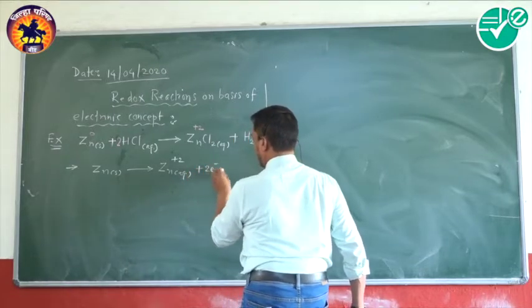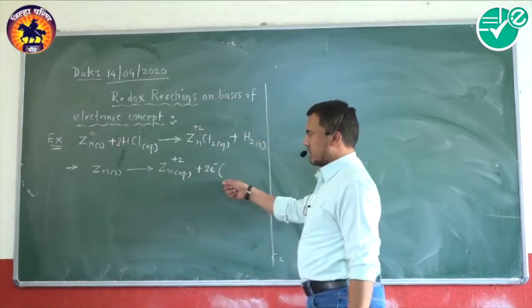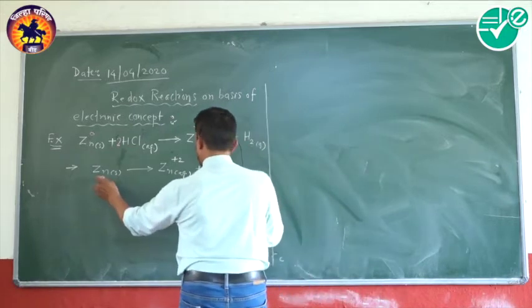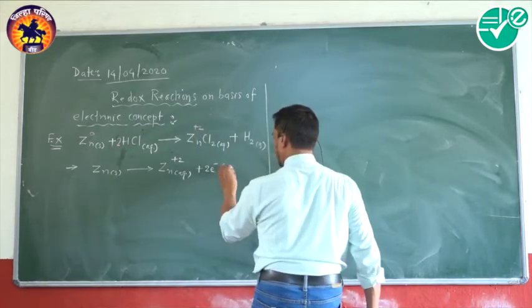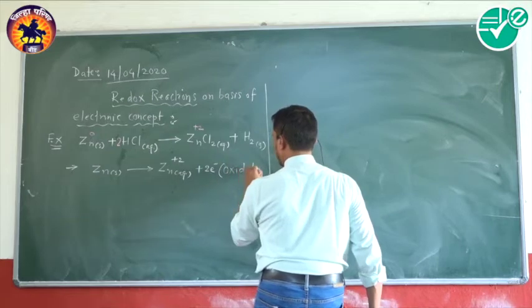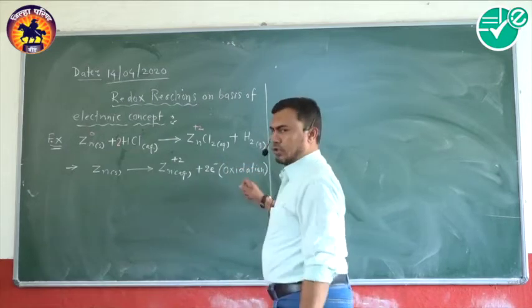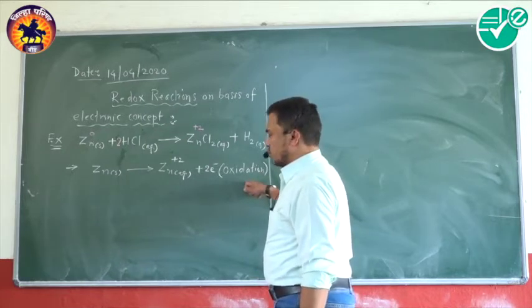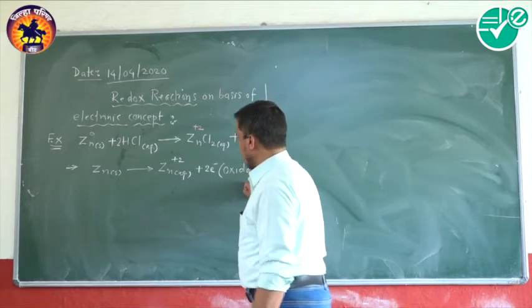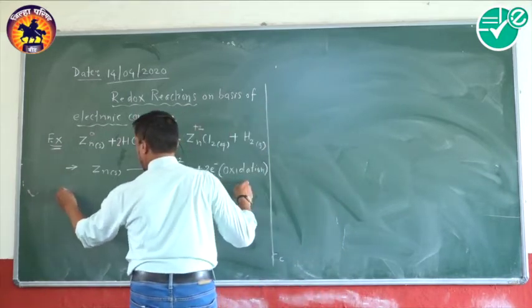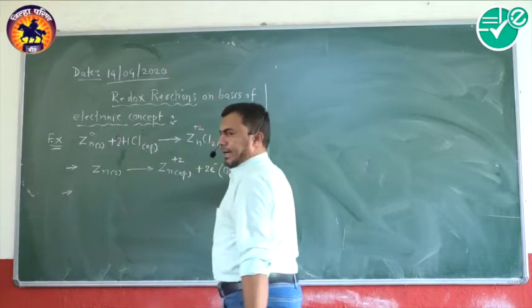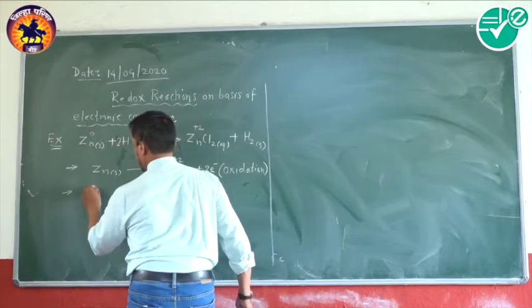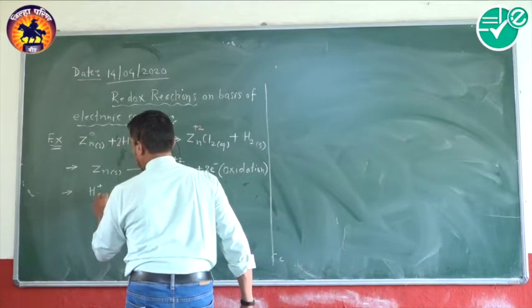Why? Because, according to the electronic concept, the electron loss by a species is called oxidation. Hence, the oxidation reaction, as we previously defined, is the electron loss by a species. Similarly, now in HCl, the hydrogen ion, that is H+ in aqueous solution.